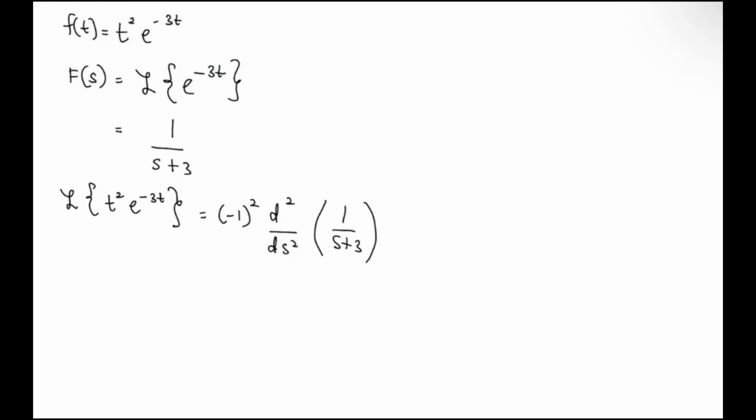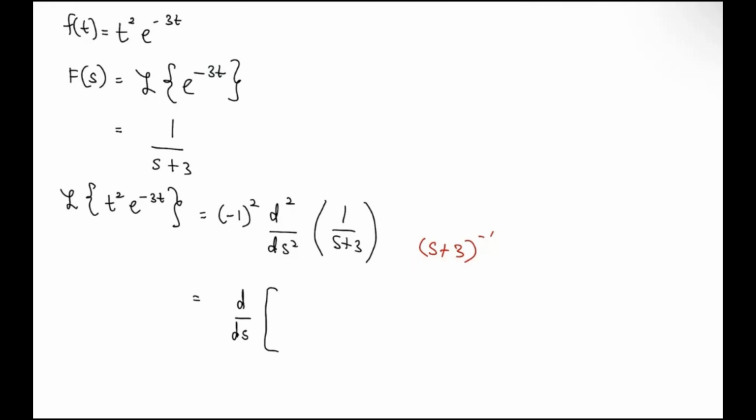So let's rewrite this function. 1 over s plus 3, you also can rewrite as (s plus 3) to the power of negative 1. Negative 1 squared will be positive 1. So first, ds, that means you need to differentiate this function first. So differentiate the first function, this one.